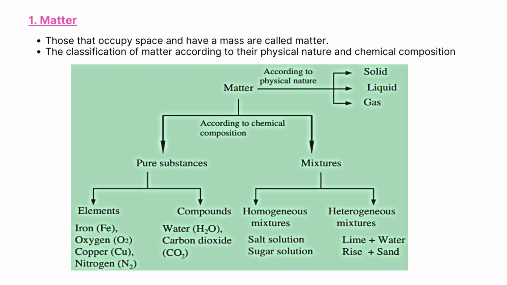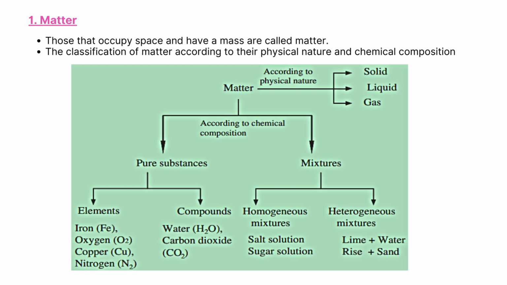Then, based on the chemical nature of matter, there are two main types: one is pure substances, the other is mixtures. When we say pure substances, any substance that has a definite composition and is made up of only one type of substance is known as a pure substance. Then we divide it into two: elements and compounds.